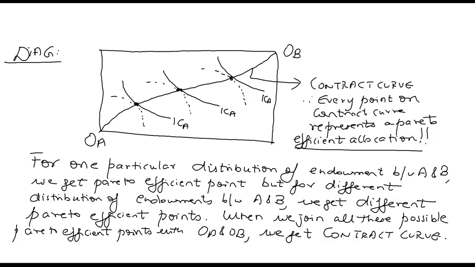I have just drawn 3, but all these points are eventually Pareto efficient allocations. And remember, you will get one Pareto efficient allocation for one possible distribution of endowments. As you keep changing the distribution of endowments between A and B, you will keep on getting different Pareto efficient points.